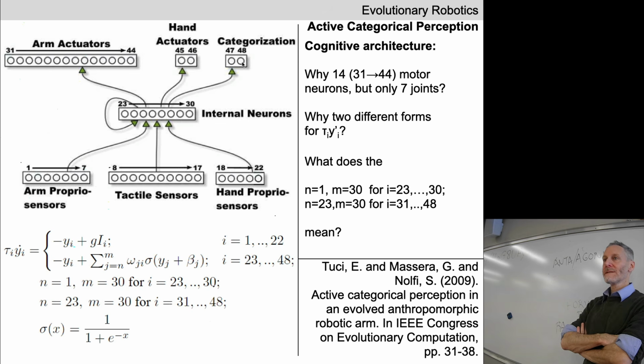Binary representation of like round or edge. Okay, binary representation. Maybe we're going to evolve the weights so that when a sphere is placed underneath the robot's hand, 47 goes to 1 and 48 drives towards 0. When we place an ellipsoid underneath the robot's hand, 47 should go to 0 and 48 should go to 1.